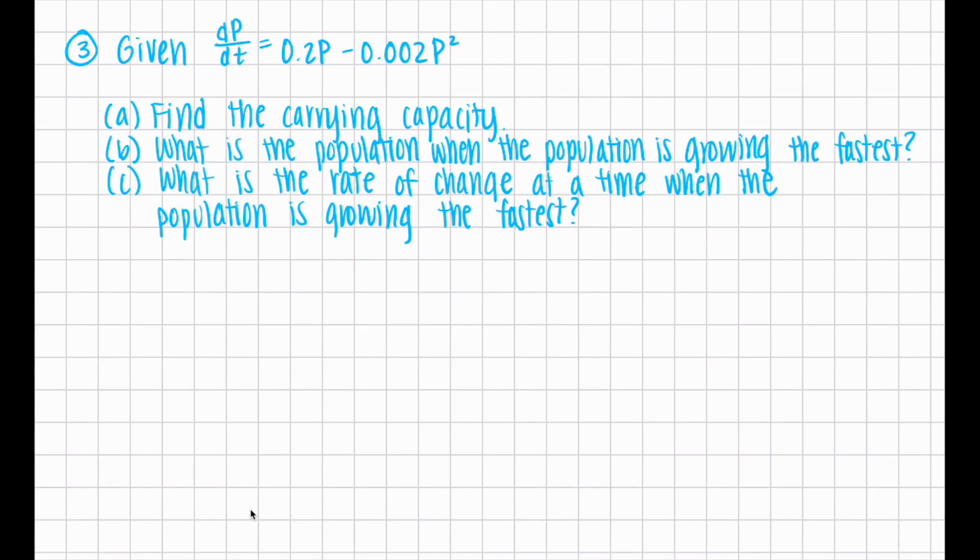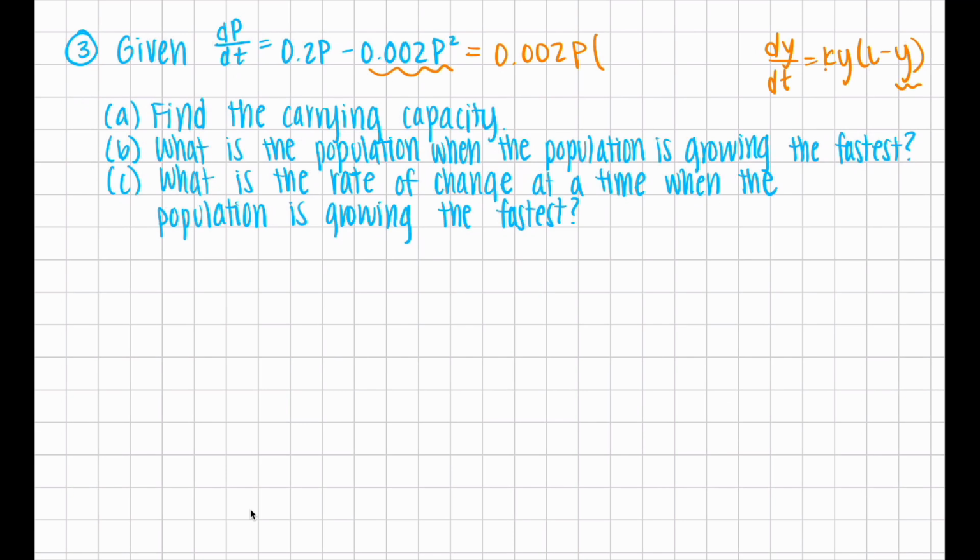Here's our third example. It says given dP/dt equals, and then we have this over on the right side of the equation. Now this doesn't flat out look like our dy/dt equals ky times L minus y, but we can manipulate it. What if I factor out 0.002 p, because I want the second term to be my y.